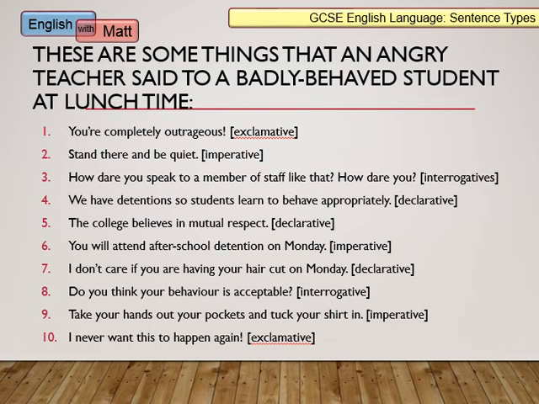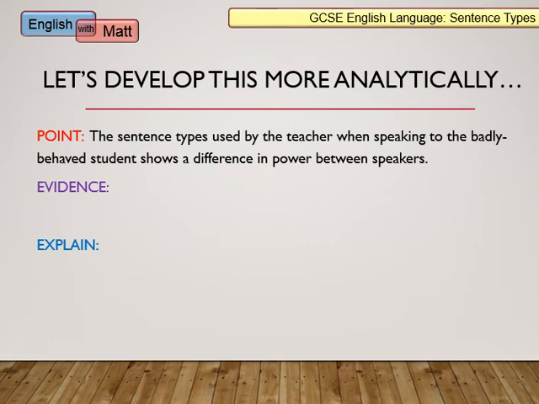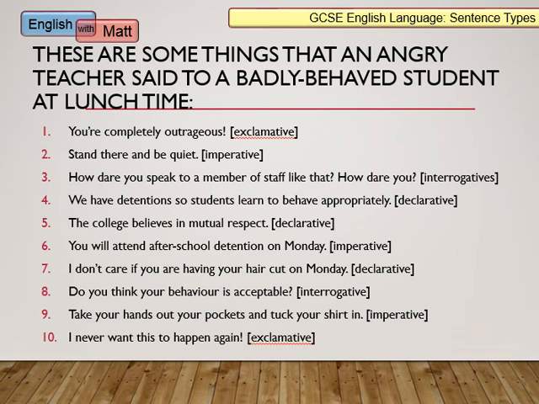But in order to push it even further, I want to actually use PEE, and I know in other videos I've talked about how I don't actually like PEE because it can be a bit restrictive in students' expression. But I'm going to use it in this example because it breaks down the analysis quite well. So I want you to imagine that this conversation between these two people, the teacher and the student, is part of your extract.